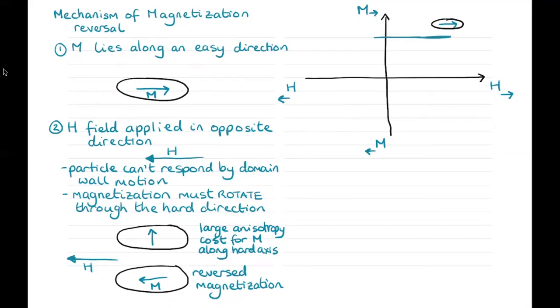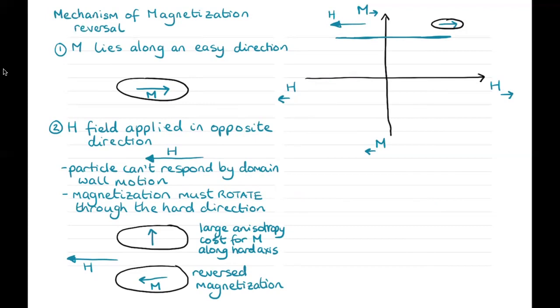And then we apply our magnetic field to the left, and as we increase our magnetic field in the left direction, our magnetization remains pointing to the right because it's very expensive for it to rotate into the hard direction.